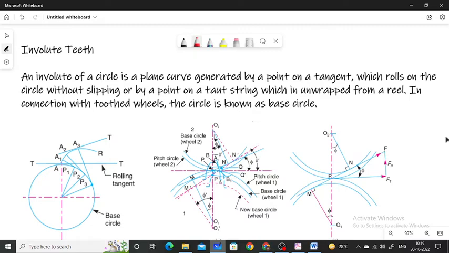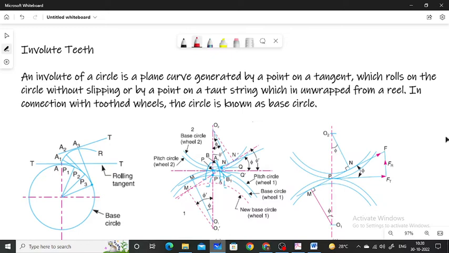An involute of a circle is a plane curve generated by a point on a tangent which rolls on the circle without slipping, or by a point on a taut string which is unwrapped from a reel.